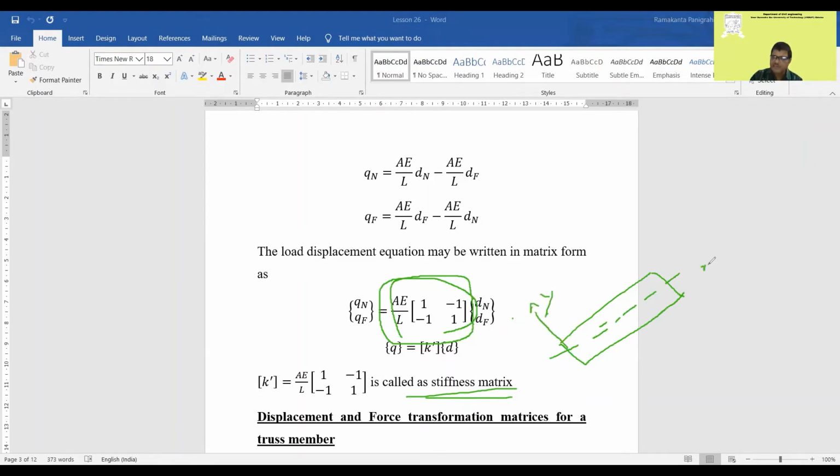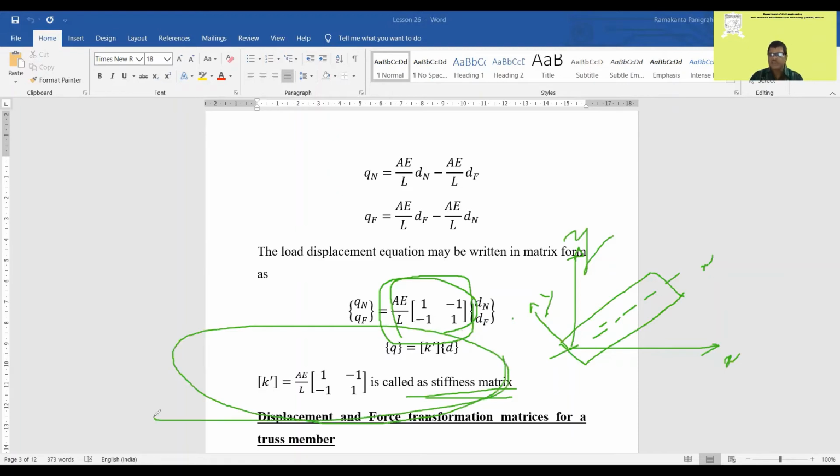X dash, y dash. But the actual global xy will be like this. We'll see how we transform from here to here. So whatever stiffness matrix you find here for the truss member is for the local coordinate along the member axis. It is AE by L times [1 -1; -1 1].